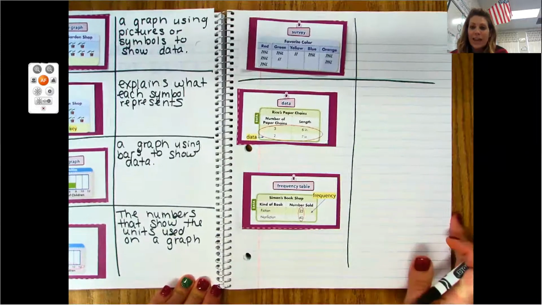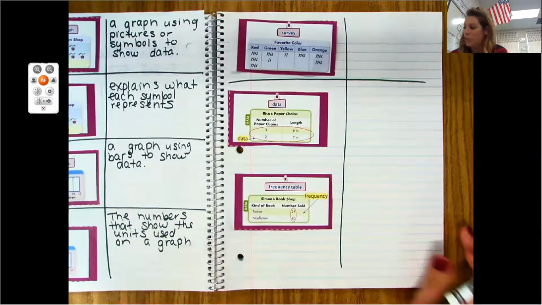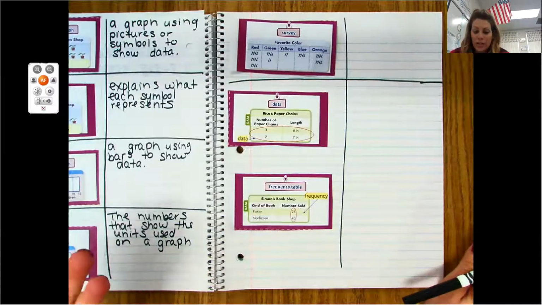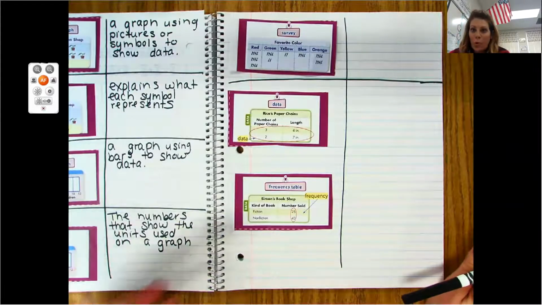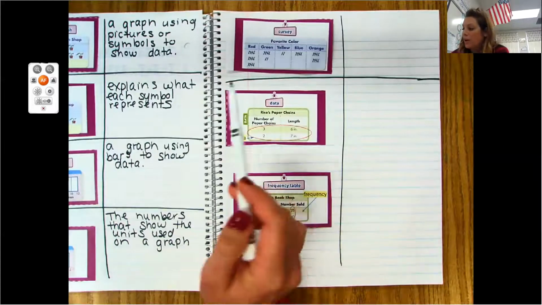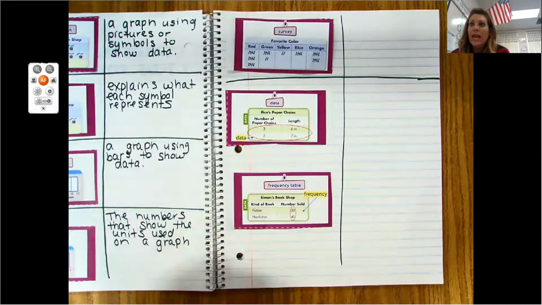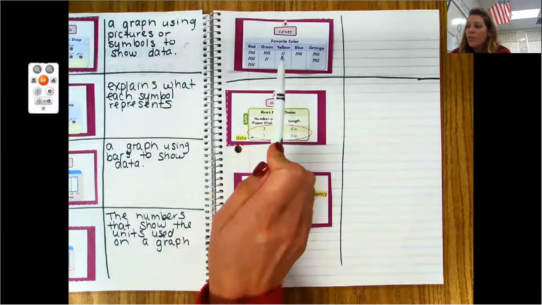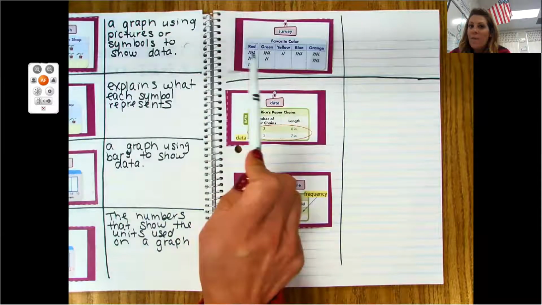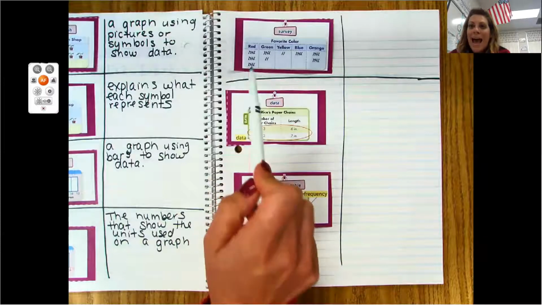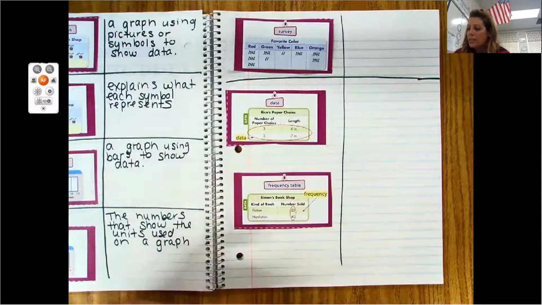So a survey is when you collect information by asking a question, the same question, to a certain number of people. So for example here, this person is collecting data and surveying people on their favorite color. They gave them all of the options, and then they went around and tallied their data.